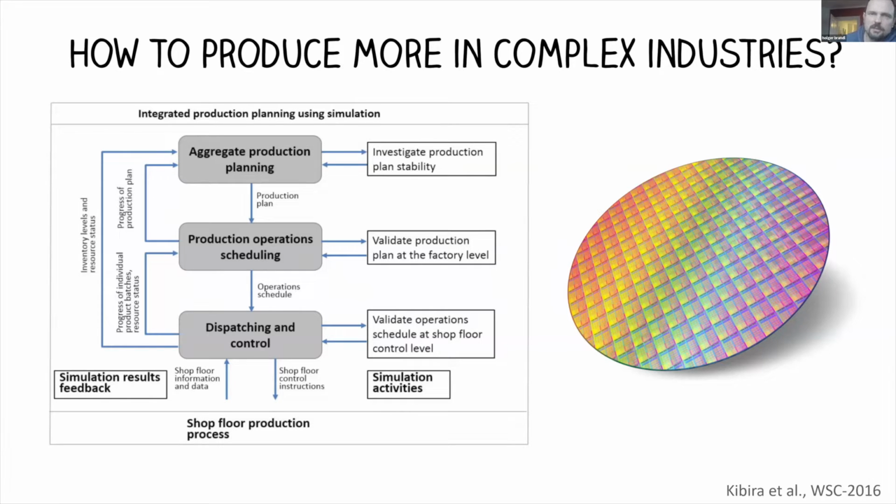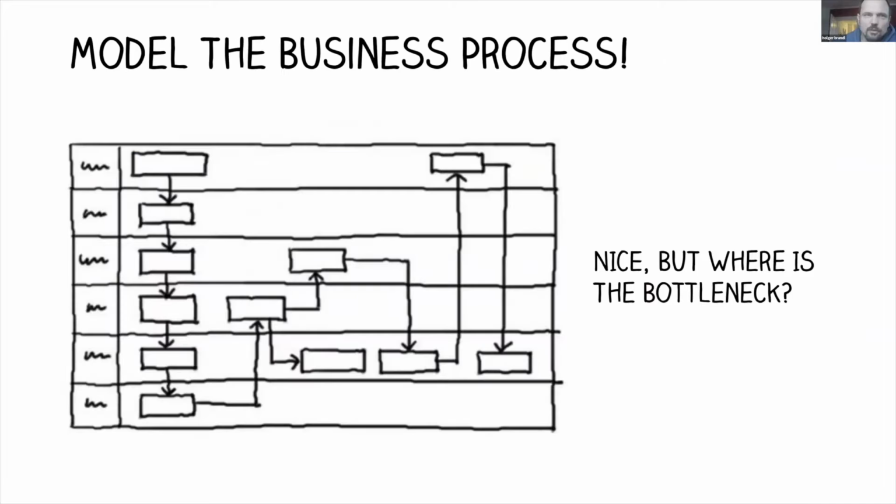So how do we start this? So far it was all a bit fuzzy and abstract. So how can we actually get started? What's very common is to do so-called business process modeling. We take a big board, and we write down lots of squares and lots of arrows, and we try to connect the different actors and entities and relations in order to write down what the business process looks like.